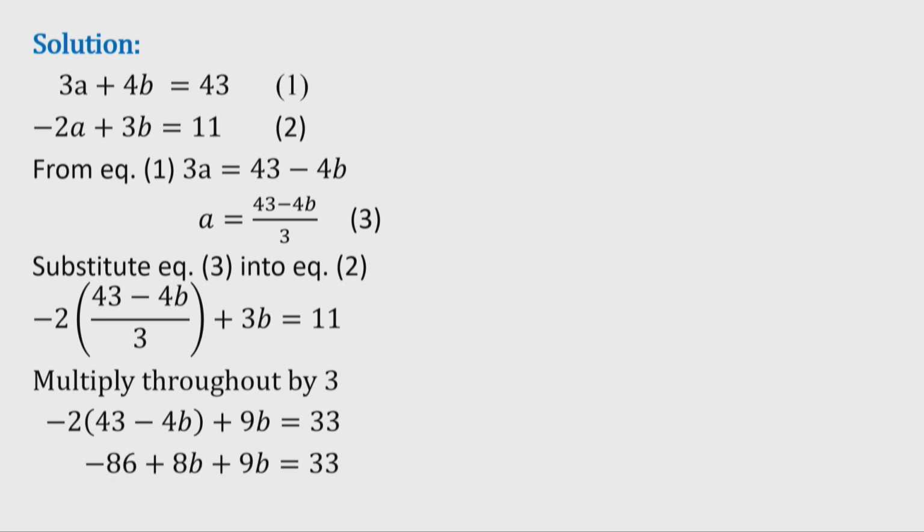Now be careful, minus 2 times minus 4b will give me plus 8b, plus 9b equal to 33. Simplifying will give me 17b equal to 33 plus 86, which is 119. So b will be 119 divided by 17, which is 7.